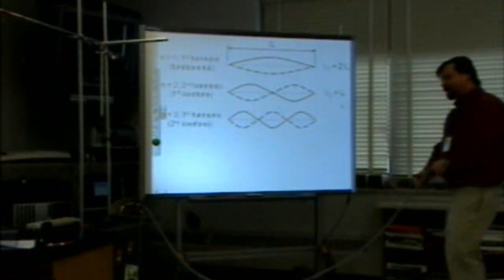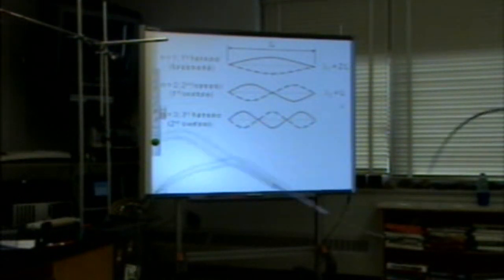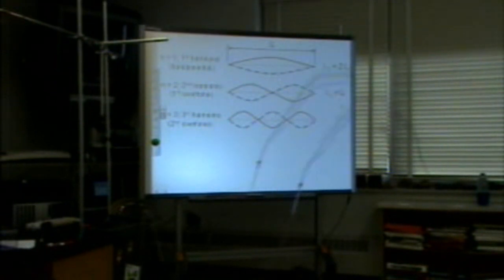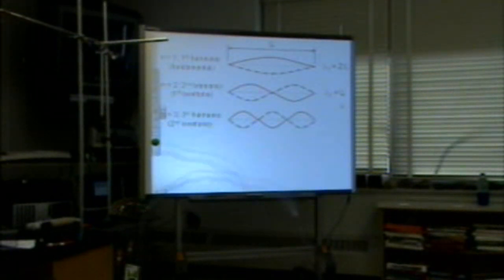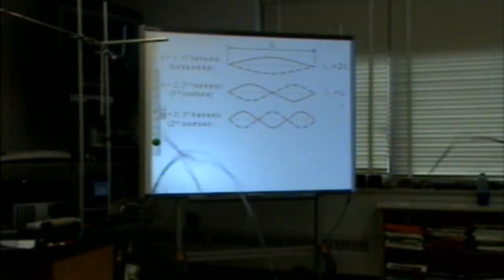So now we have this guy. You see 3 antinodes, right? And what's the wavelength here? Or my length is what compared? There's 1.5 wavelengths is what you see with these 3 antinodes.